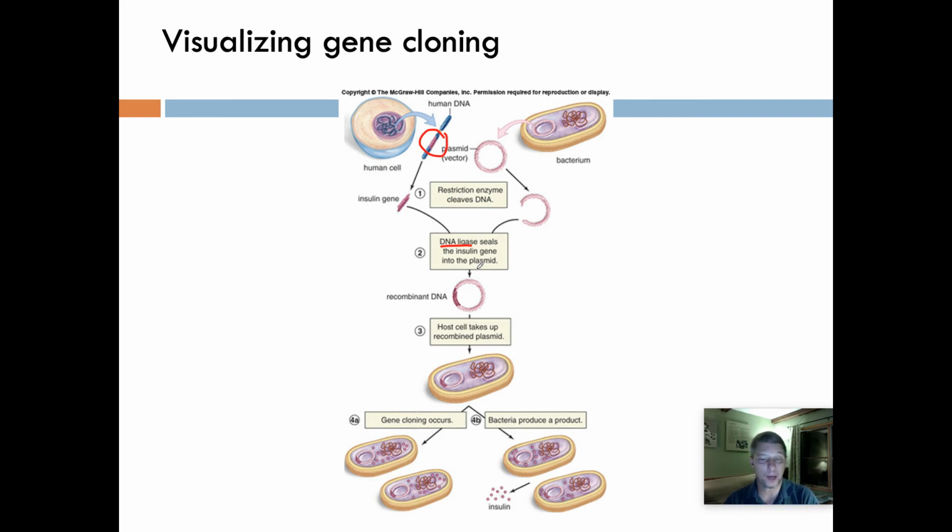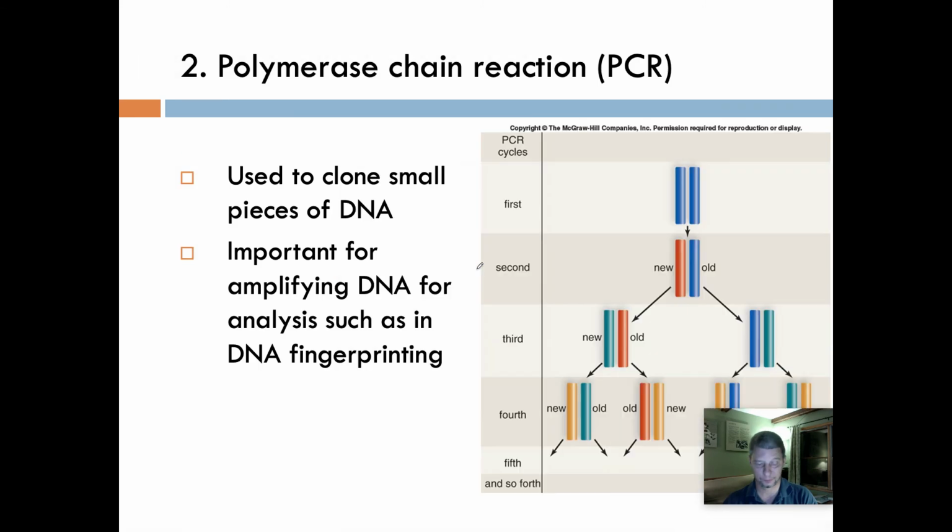And then every time the cell reproduces, it produces another copy of the human insulin gene in a petri dish. And of course, those bacteria are now producing insulin. All right. We can then harvest the insulin and use it to help folks with diabetes.